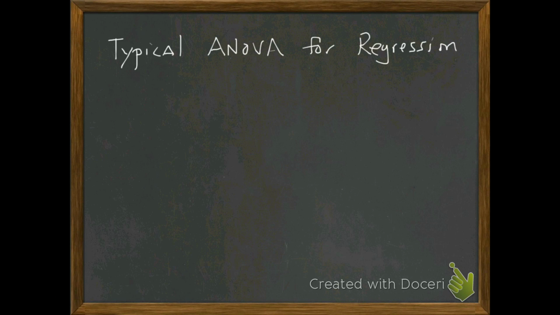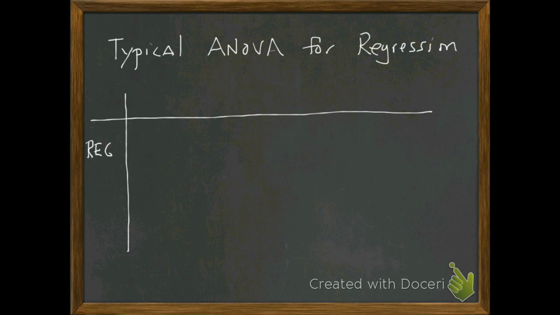You'll have your terms, and first of all, you're going to have your regression line, then your error line, and then your total line.